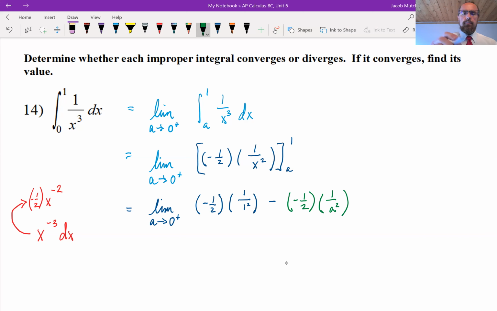And again, what I want to do is start evaluating. So here, I see that this is going to be -1/2 times 1/1 squared is -1/2 times 1, or just -1/2.